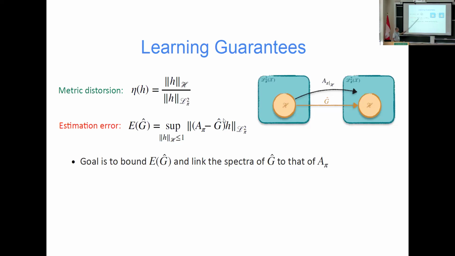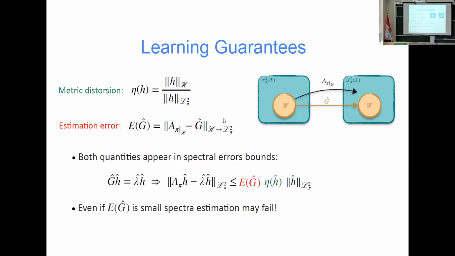Typically this h will be an eigenfunction of my estimator. And the second quantity I need to pay attention to is not the Hilbert-Schmidt norm, but rather the operator norm, which here I define explicitly. Both quantities, the metric distortion and the operator norm error, enter into spectral bounds.